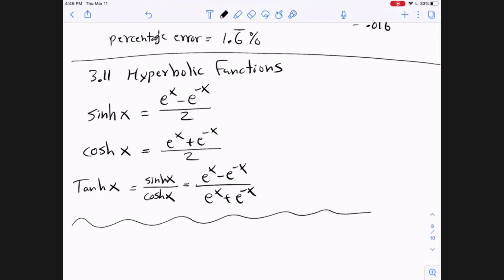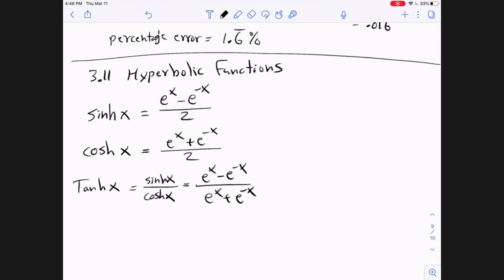Now, if you want to evaluate something like, what's the hyperbolic sine of 1? Then you'd have to plug it into here so you can get your answer. And then you get the decimal approximation if you want.